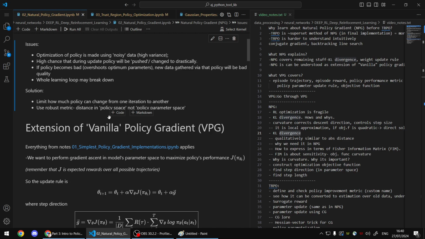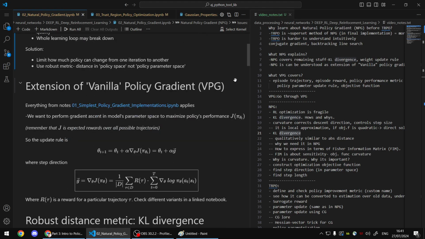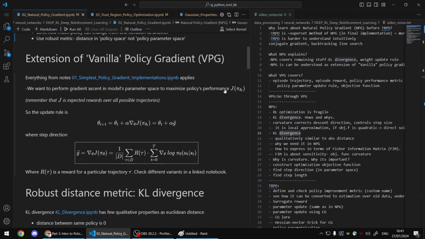We need a measure not in a geometric sense, but in the sense of distances in a policy space: how one policy is different from another policy. And if we pick this metric, then maybe we can check it and say, oh, this update is too big to be safe. And then we reduce the step, or derive the step as a function of this metric.